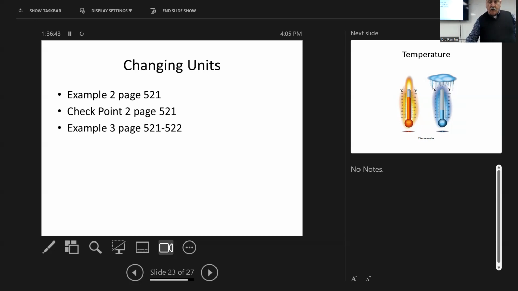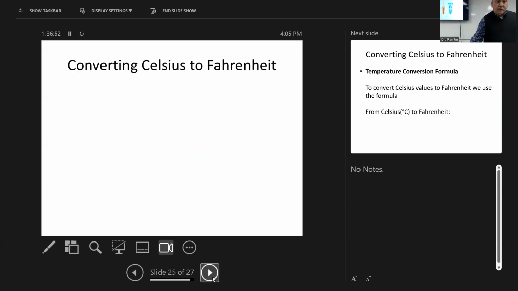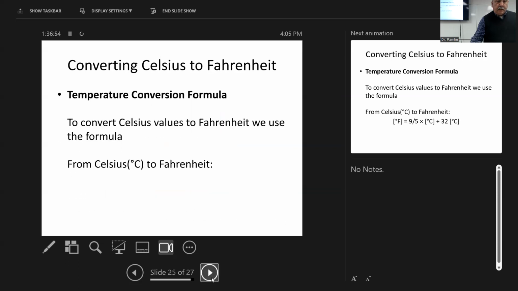Okay, let's move on. The last thing we talked about, temperature, is basically 2 units, centigrade and Fahrenheit. To convert a Celsius value to Fahrenheit, we use this formula: Fahrenheit is equal to 9/5 times centigrade plus 32.